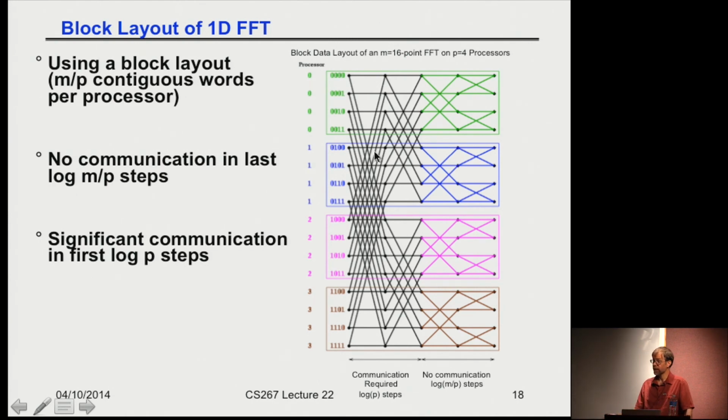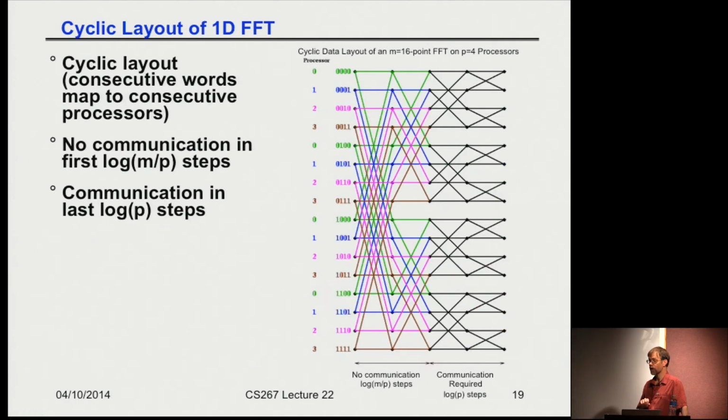Let me look at cyclic and see what happens. So I've done the same color coding for the cyclic layout. Now the green processor owns every 4th entry, starting with 0, and the blue processor owns every 4th entry, starting with 1. And now the picture has kind of reversed itself. The first log m over p steps, there's no communication.